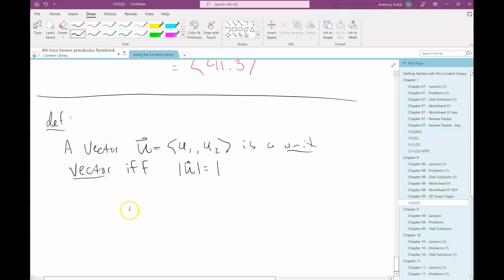Well, Mr. Kulik, how in the heck are you getting infinitely many? Recall the unit circle. I can describe any point on the unit circle as cosine theta, sine theta. And what's the distance from the origin to any point on the unit circle? 1.